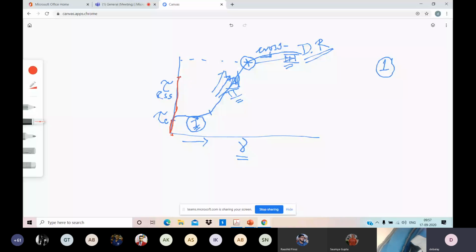Does the plastic deformation region look like this? No, sir. How do they look? Something like this, right? And then eventually, if it is an engineering stress strain, it will come down. If it is true stress strain, it will go like this.